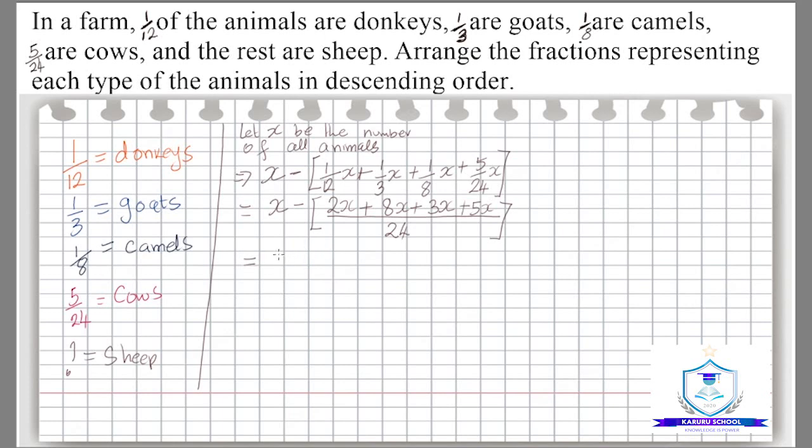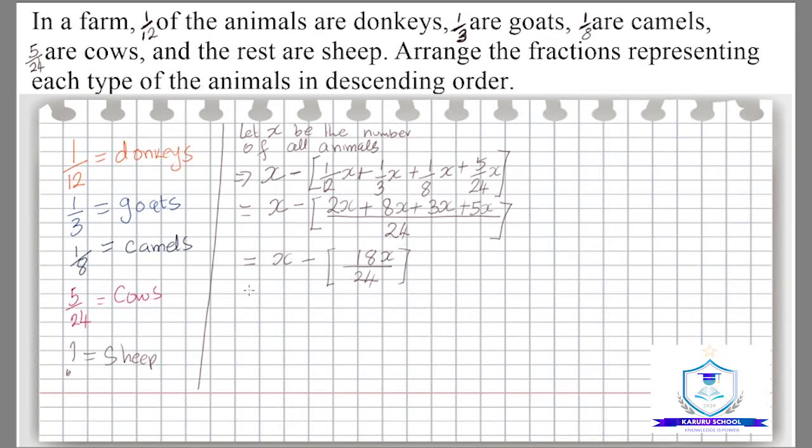Then upon simplification, we have x minus, the denominator here is 24, and then we have 2 plus 8, that gives us 10, plus 3, that gives us 13, plus 5, that gives us 18x.